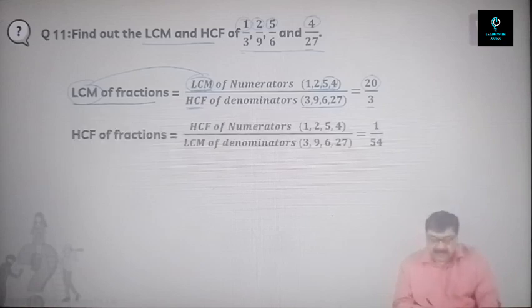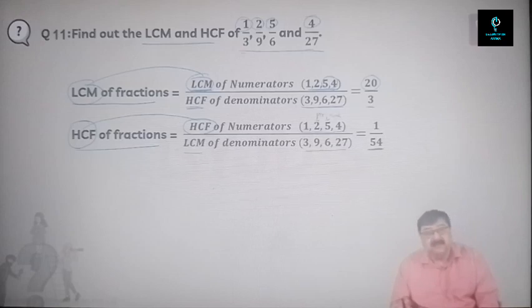And if we need to find out the HCF of fractions, it is the HCF of numerators by the LCM of denominators. So 1, 2, 5, 4, their HCF is 1, because you have prime numbers here. And 3, 9, 6, 27, the LCM is 54, because 27 is not divisible by 6, and 6 here is an even number, so obviously the LCM should also be an even number.